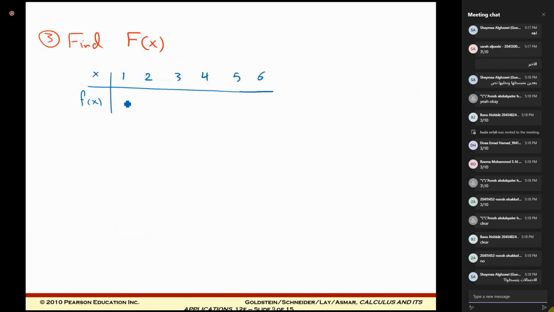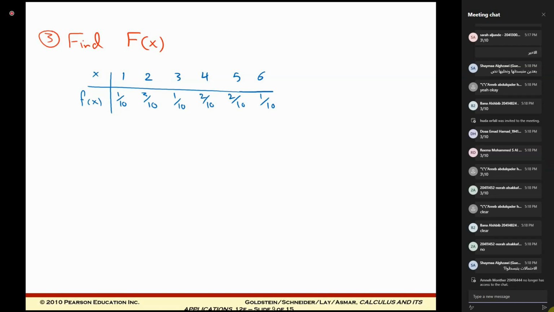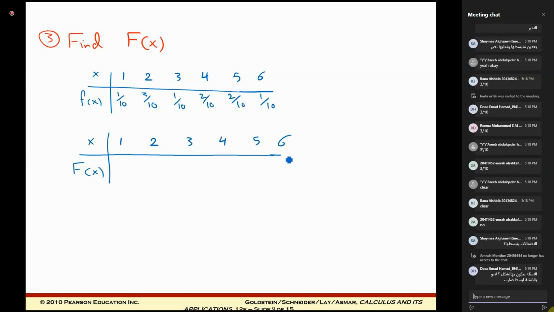This equals 1 over 10, 3 over 10, 1 over 10, 2 over 10, 2 over 10, 1 over 10. Okay, this is for the mass function. Now we need to find the cumulative. Cumulative of x and capital F, for 1, 2, 3, 4, 5 and 6.